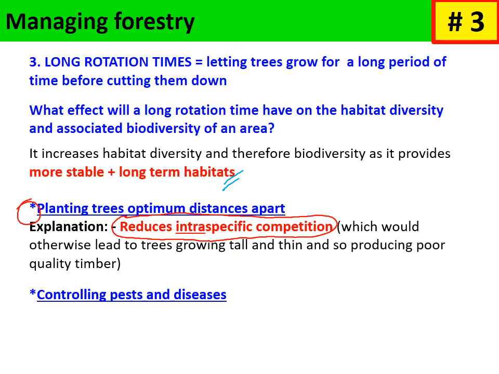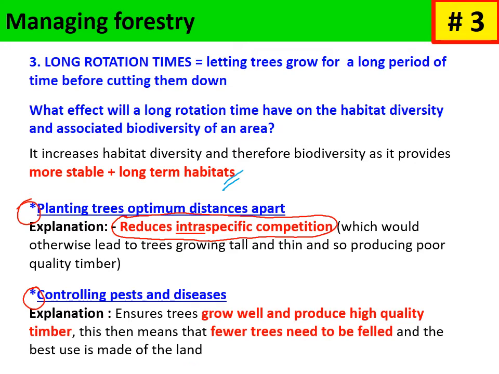Now, something else that you have to take into account is obviously the control of pests and disease. So we know trees grow well and produce very high quality timber if there's a lack of pests and disease. So if you can actually control pests, either through use of herbicides or biological control, possibly where you introduce an organism that can feed off the pest organism, so you would decrease the number of pest organisms by having a natural predator introduced.